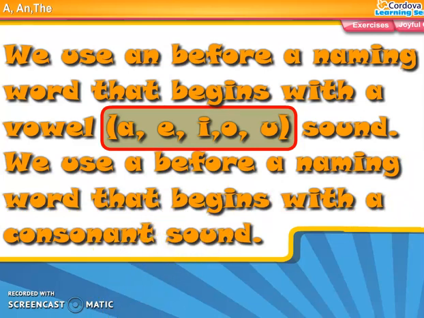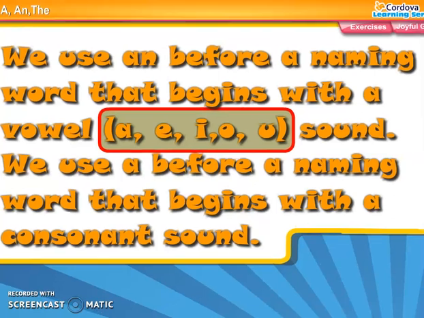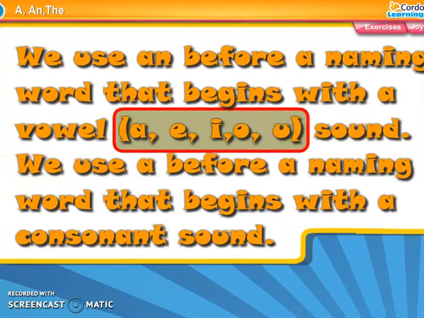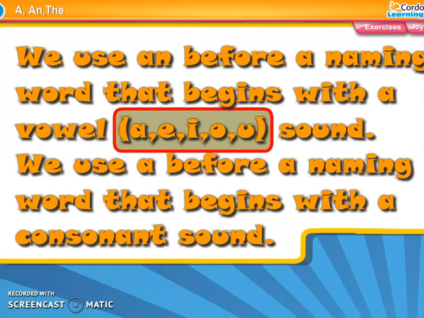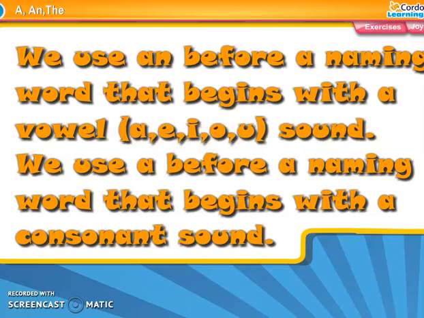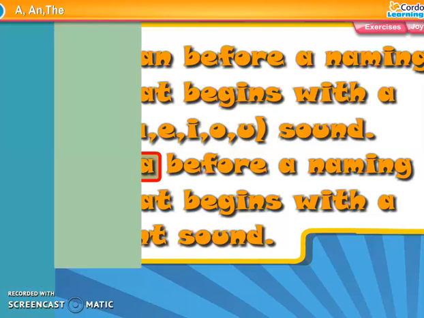We use an before a naming word that begins with a vowel, A, E, I, O, U sound. We use a before a naming word that begins with a consonant sound.